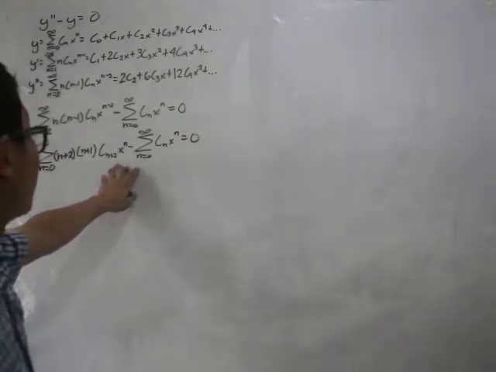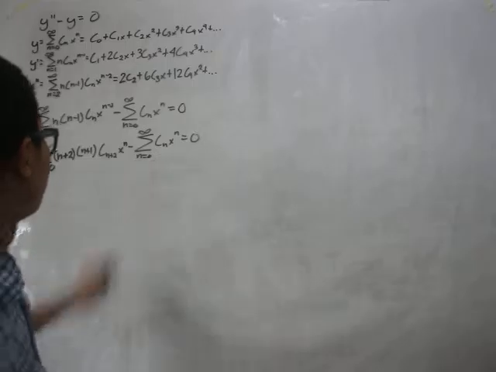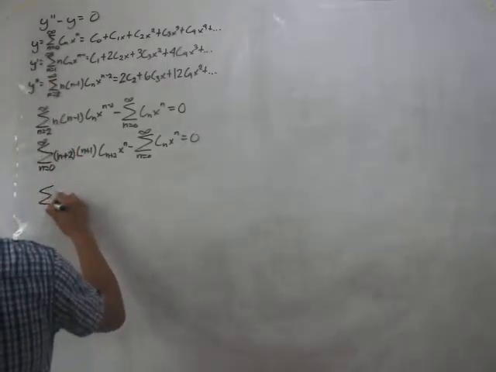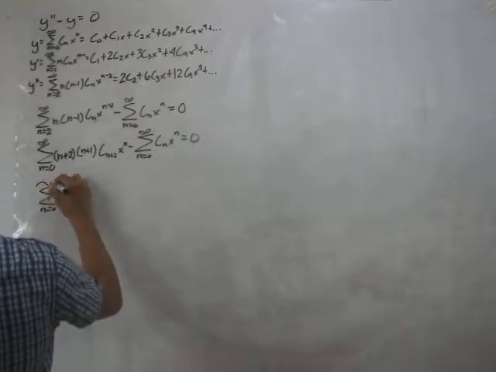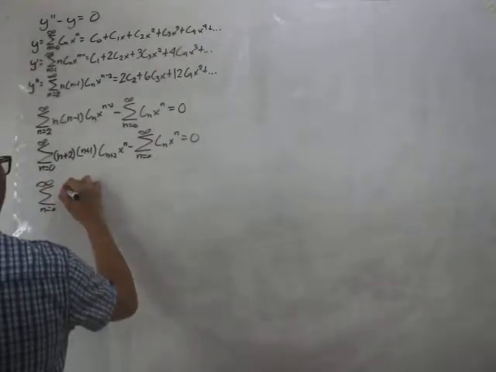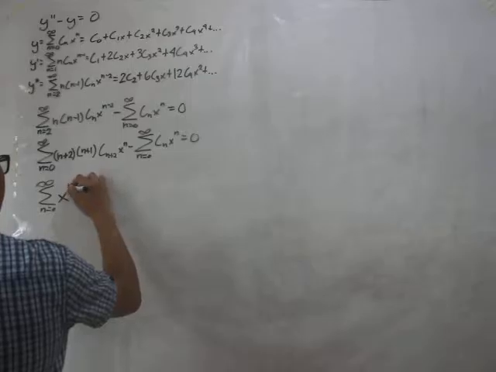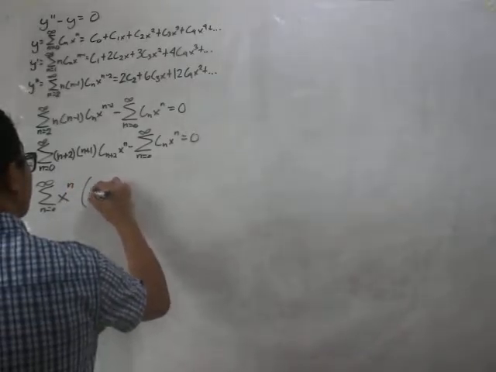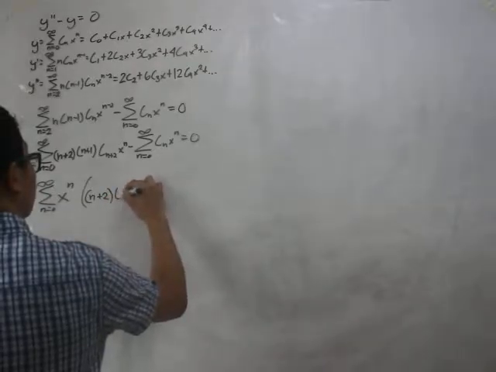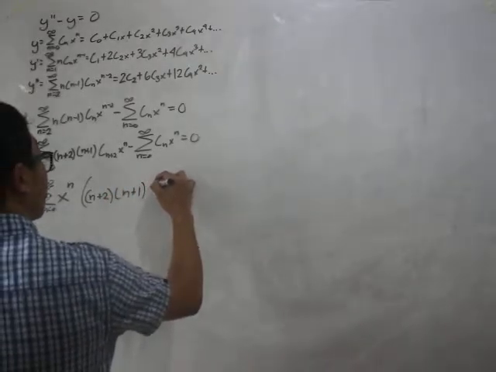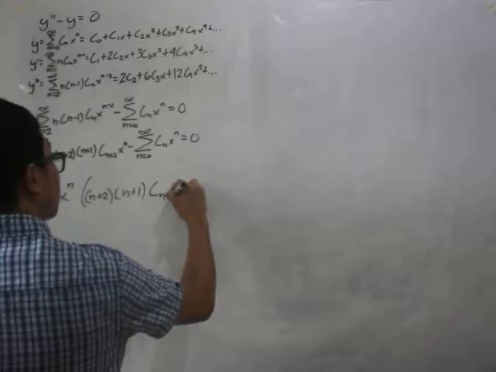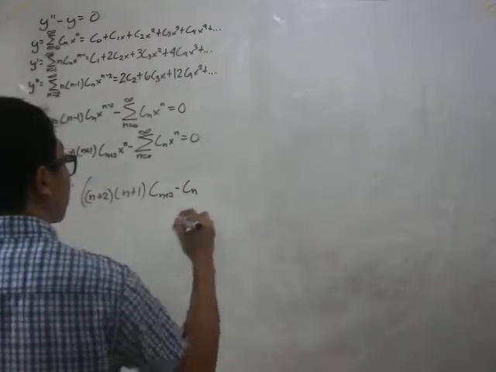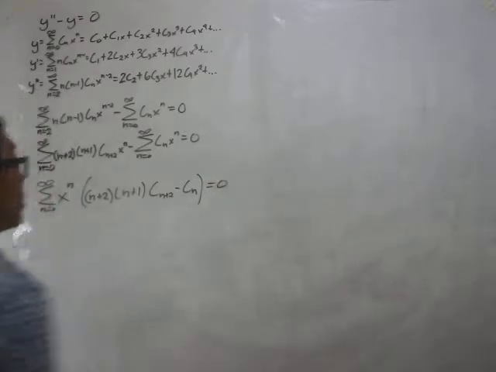Now they have the same bases, so we can factor out the same terms. The same terms are the sum from n equals 0 and x raised to n, and what's left is n plus 2, n plus 1, c sub n plus 2 minus c sub n equal to 0.